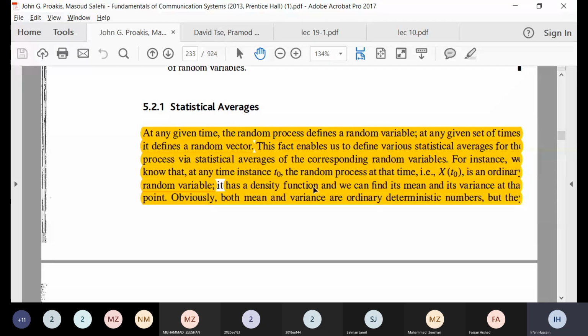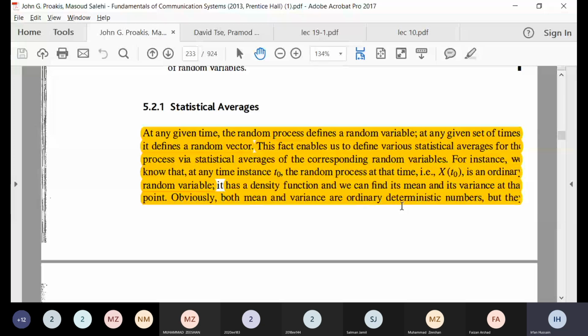For a random variable, you have a density function, you have a mean, and you have a variance. But if we fix time, a random process becomes a random variable. So once it becomes a random variable, it will again have its density function, its mean, and its variance.